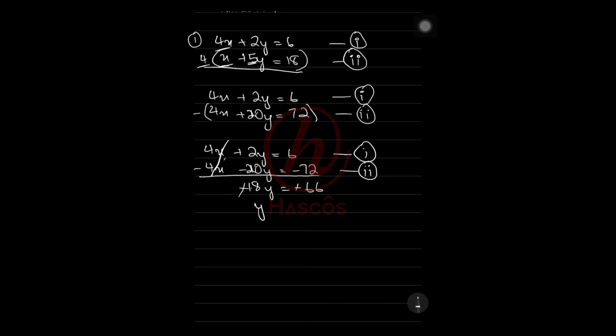Negative negative gets cancelled. We have y is equal to 66 upon 18. When 66 and 18 are simplified, we get 11 upon 3.